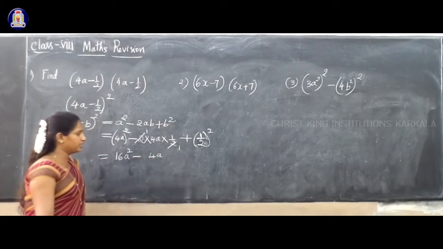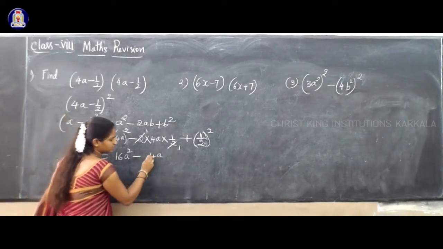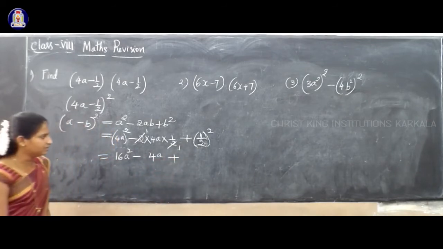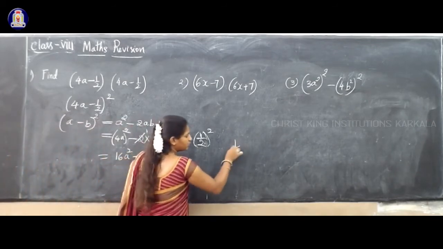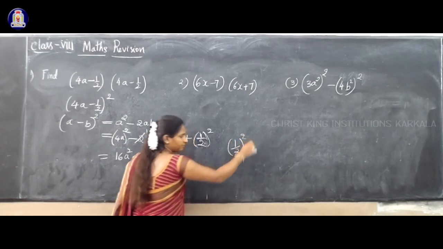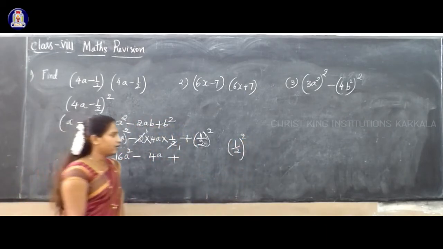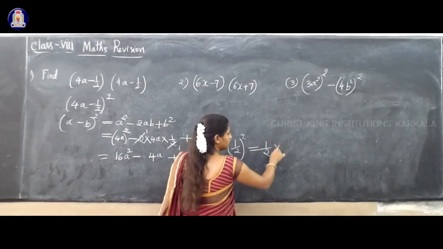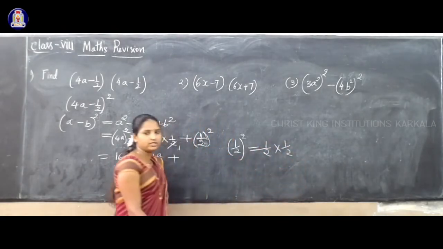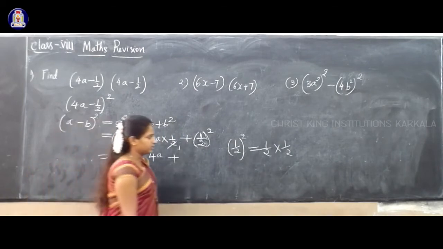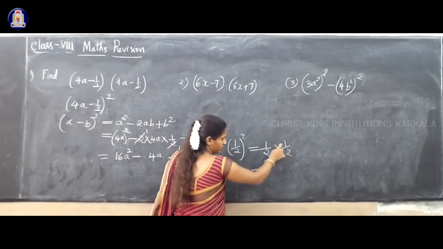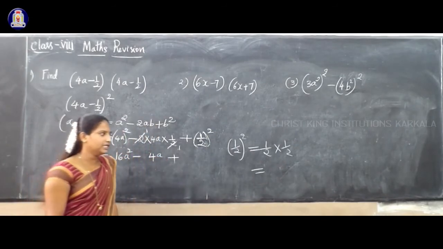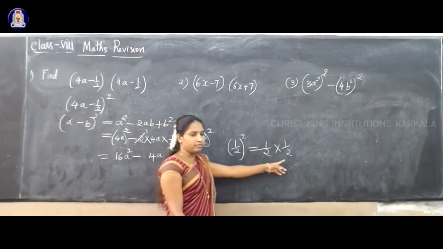Clear? So next, the remaining term is 4a plus the next term, 1 by 2 the whole square. 1 by 2 the whole square means how many times do you multiply? 2 times. So 1 by 2 into 1 by 2, that is 1 into 1, numerator into numerator, similarly denominator into denominator.